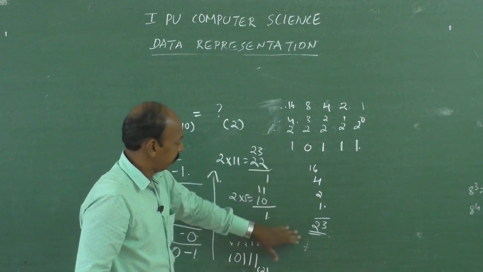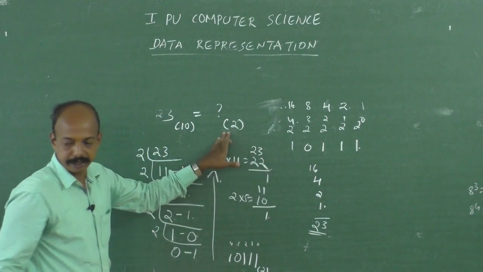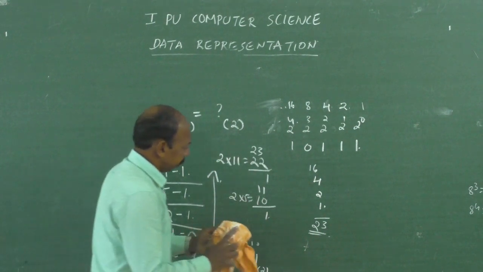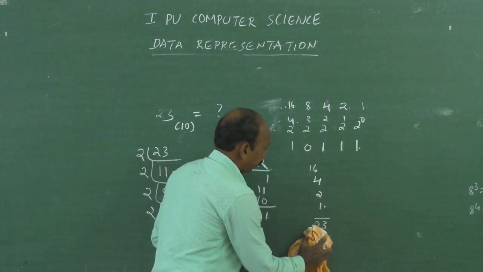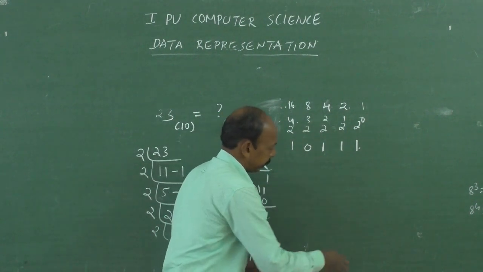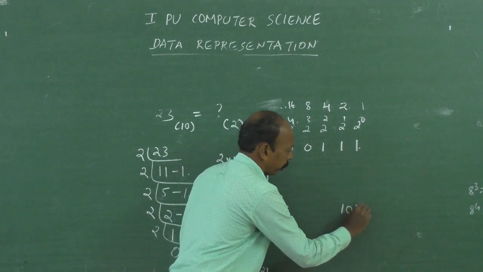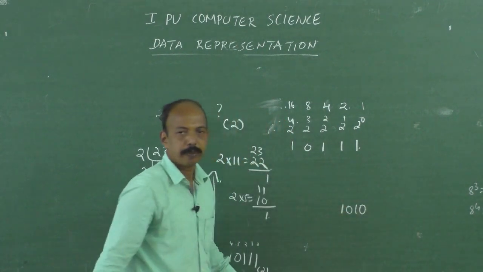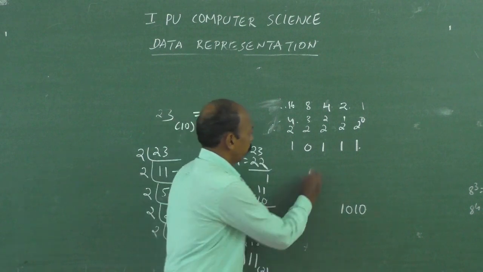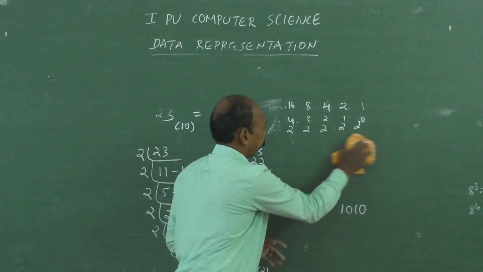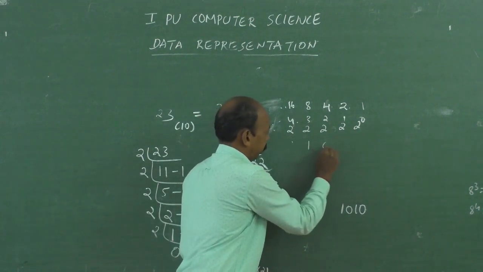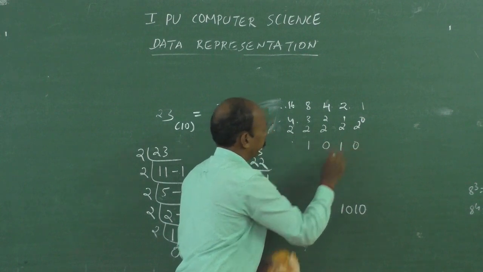Suppose we had a value something like this, 1, 0, 1, 0. In that case, what to do? I leave this one.